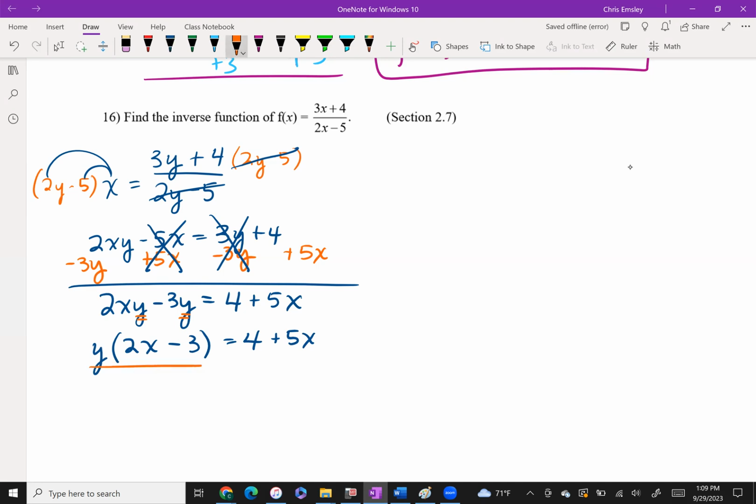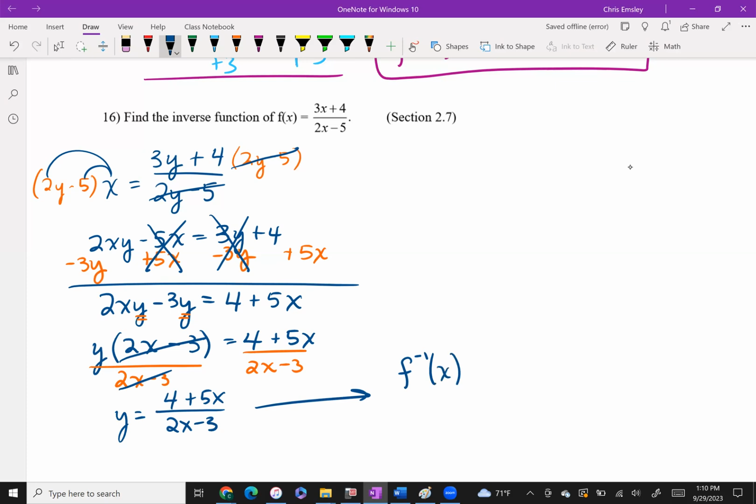So to solve for y, we're going to divide both sides by that entire quantity. So we end up with y equals, over here they cancel, 4 plus 5x over 2x minus 3. Or if we want to write that in our inverse notation, that is f inverse of x is equal to 4 plus 5x over 2x minus 3.